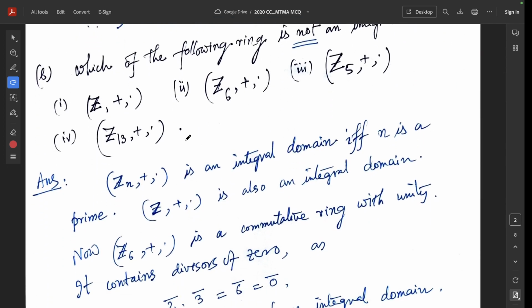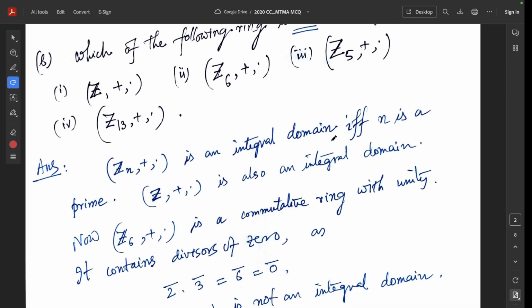Now, we know that Zn plus dot is an integral domain if and only if n is a prime. The set Z of all integers with plus and dot, where plus is the addition of integers and dot is the multiplication of integers, is also an integral domain.